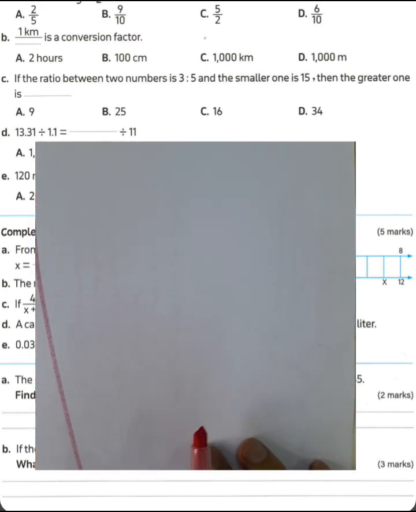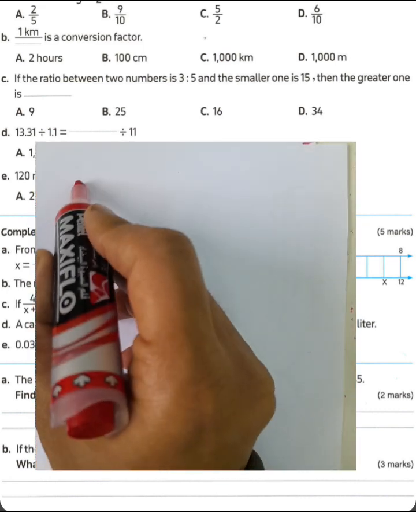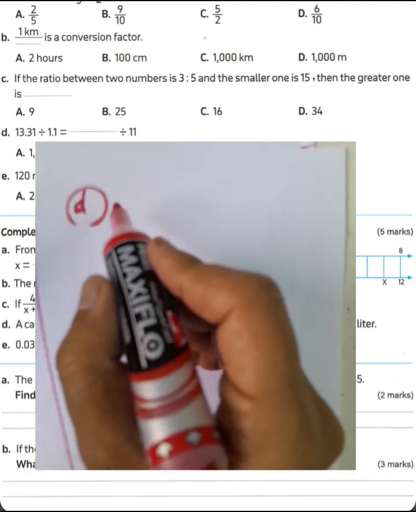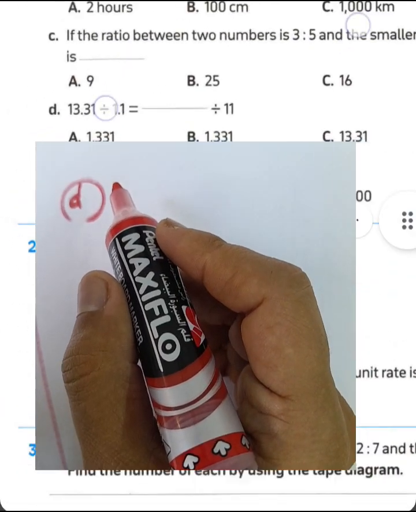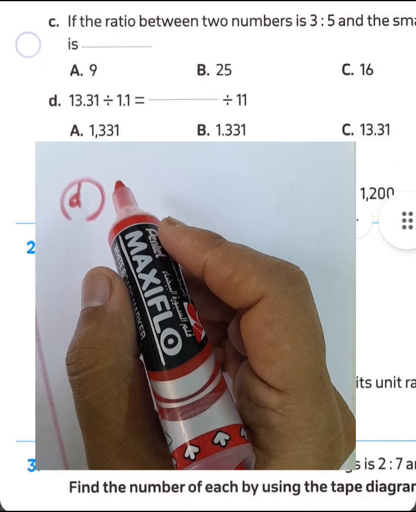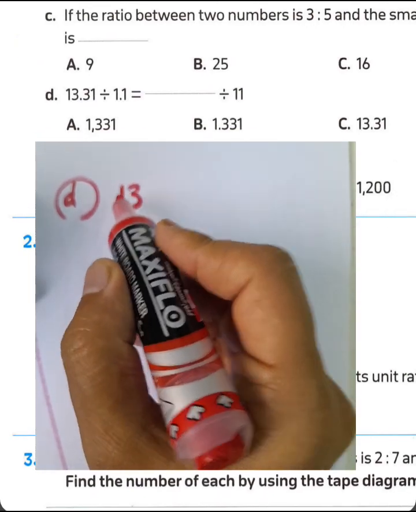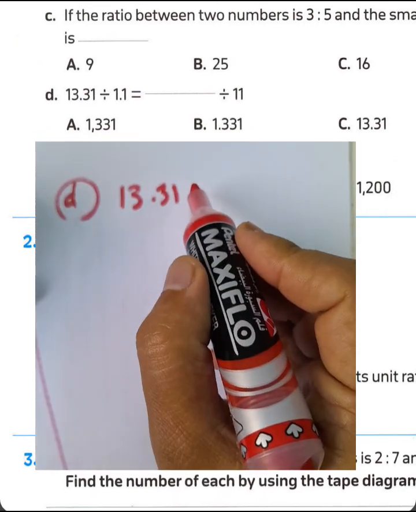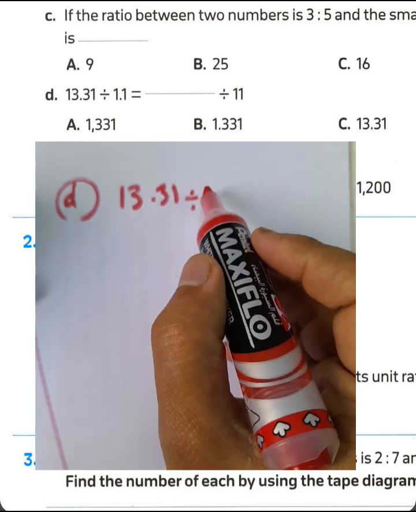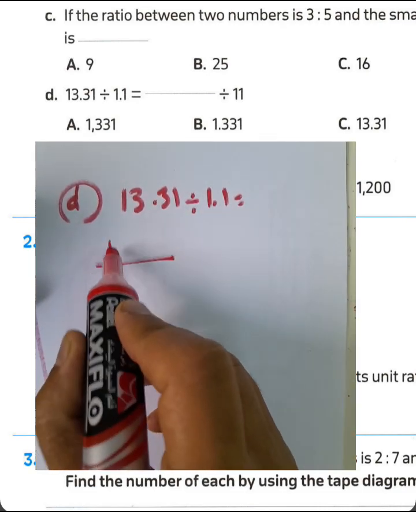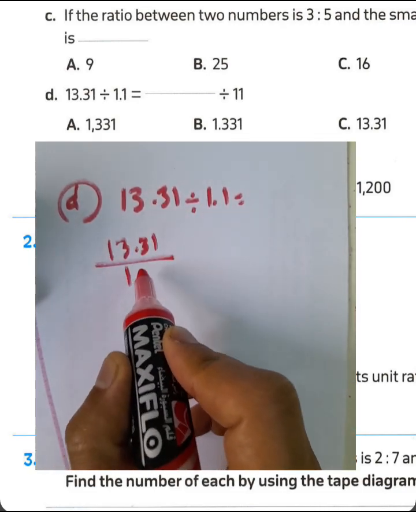Next question, letter D: 13.31 divided by 1.1. We can write 13.31 over 1.1.